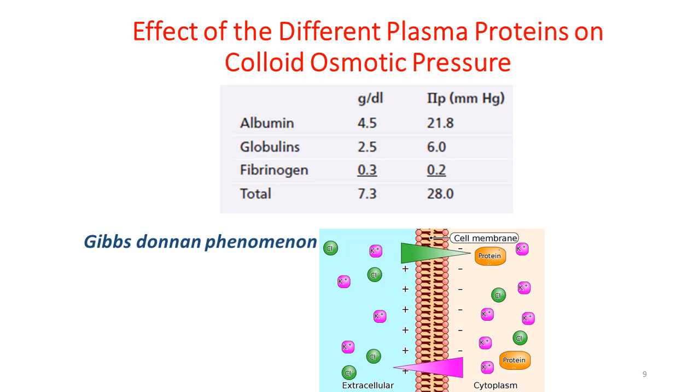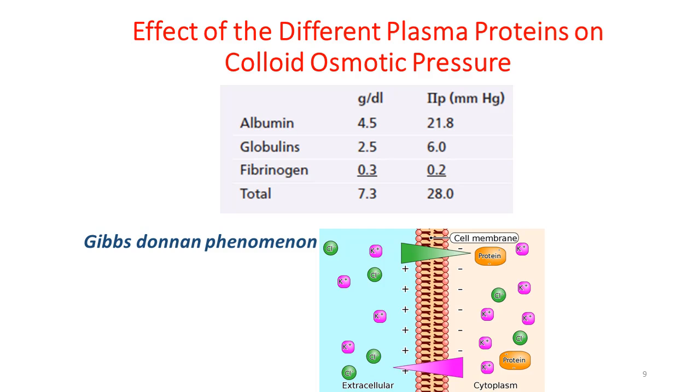So why is there a difference? Why in the body do these three proteins produce 28 millimeter of mercury colloid osmotic pressure, but in the laboratory the summation of these three proteins produces 19 millimeter of mercury colloid osmotic pressure?